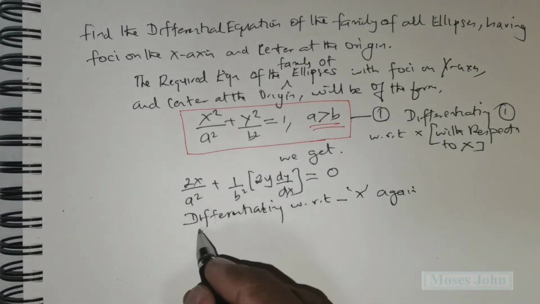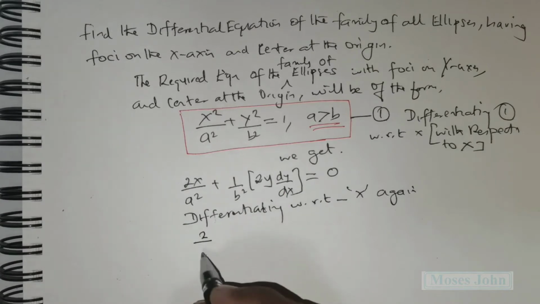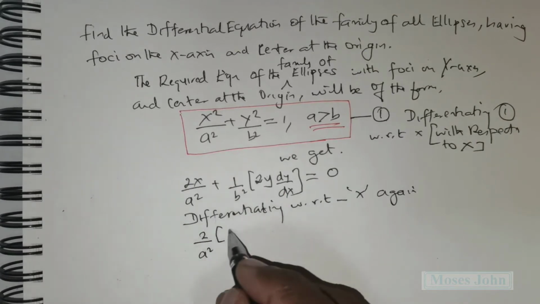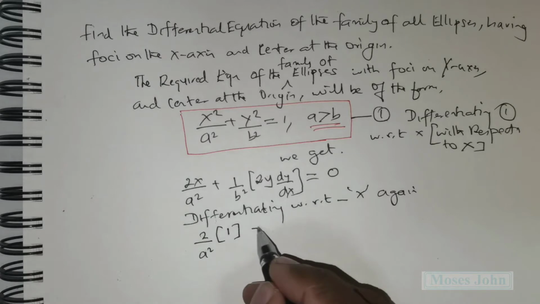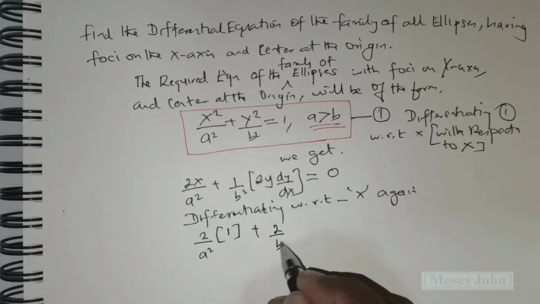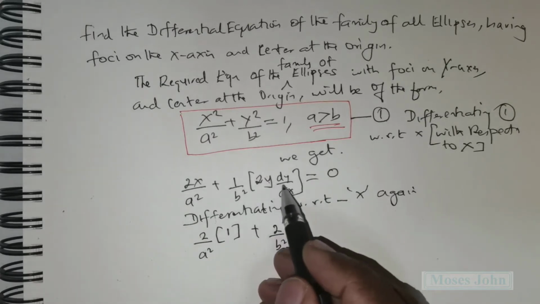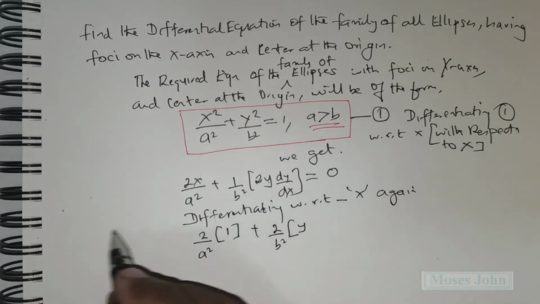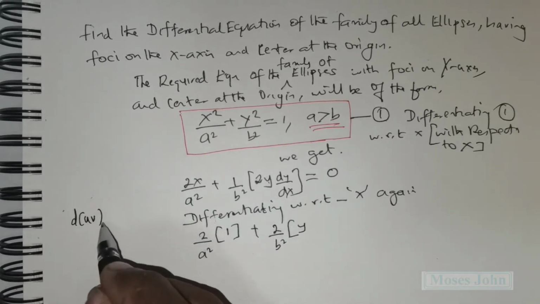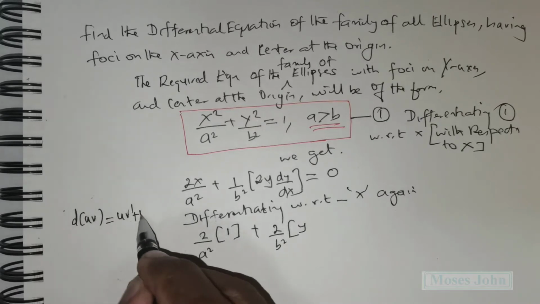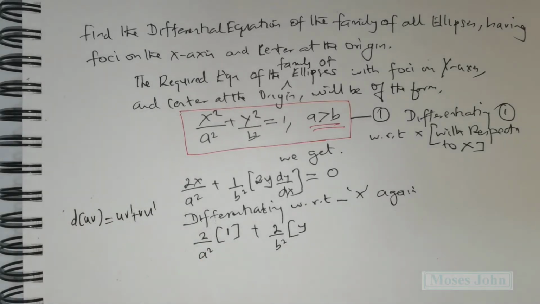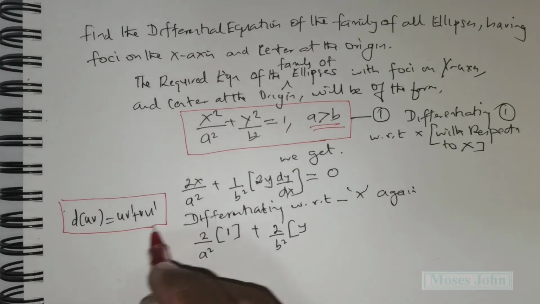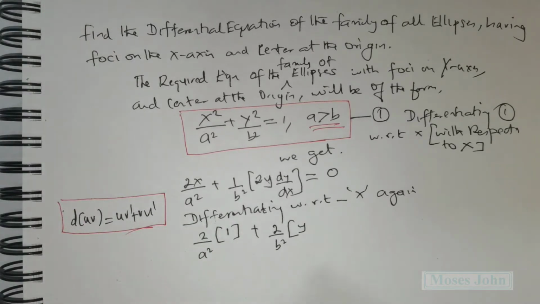Now 2 over a squared is a constant, so differential of x would give us 1. Plus 2 over b squared is a constant, and we have to differentiate y into dy over dx. So applying the UV formula, I hope you know it: u times v dash plus v times u dash. It's also called the product rule.